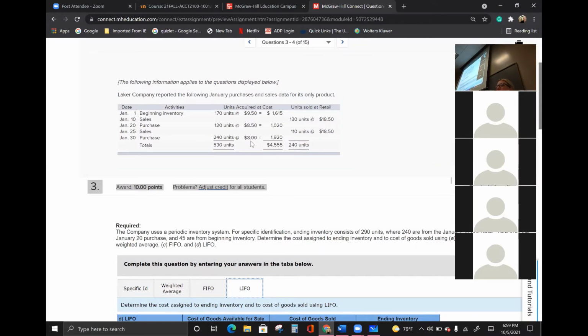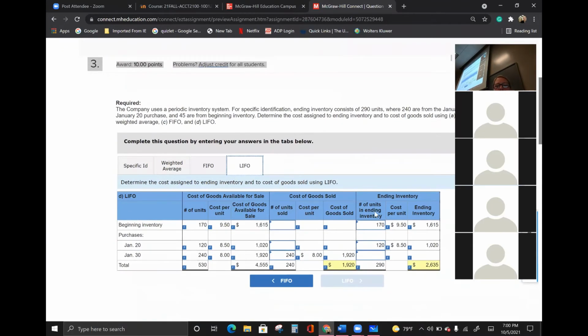So of course, using this method, the last in is the lowest. It's going to give me the lowest cost, which is going to give me what on my gross profit, higher or lower? Lower cost gives me higher gross profit because I don't have as much deducting from my revenue.